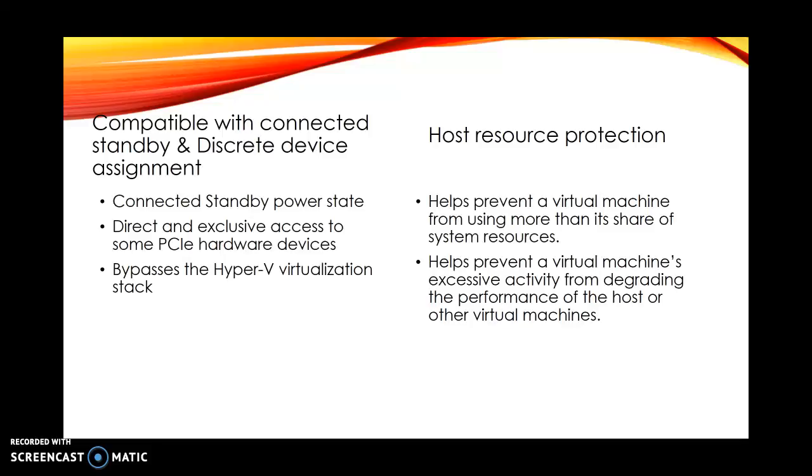When monitoring detects a virtual machine with excessive activity, the virtual machine is given fewer resources. The monitoring and enforcement is off by default. Users will need to use PowerShell to turn it off and on.